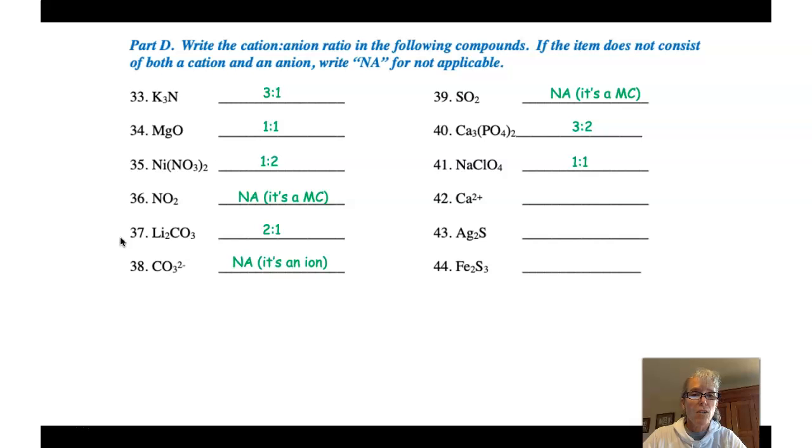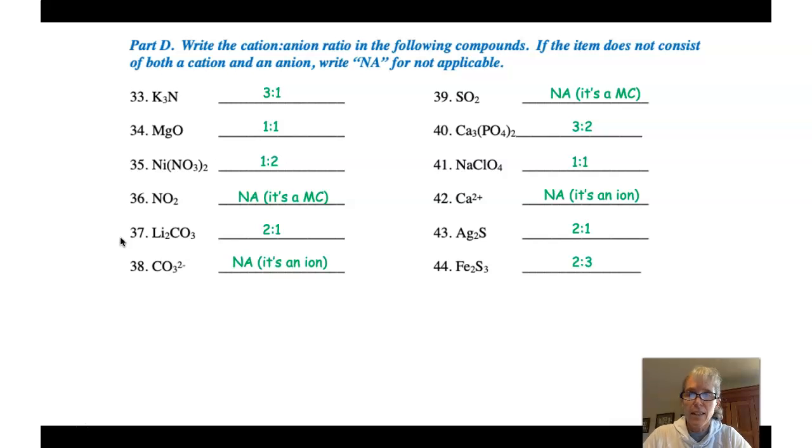And this one is a 1:1. Okay, 1 sodium to 1 perchlorate, or 1 ClO4 minus 1. 42 is an NA because that is an ion. 43 is a 2:1. Okay, and 44 is a 2:3.